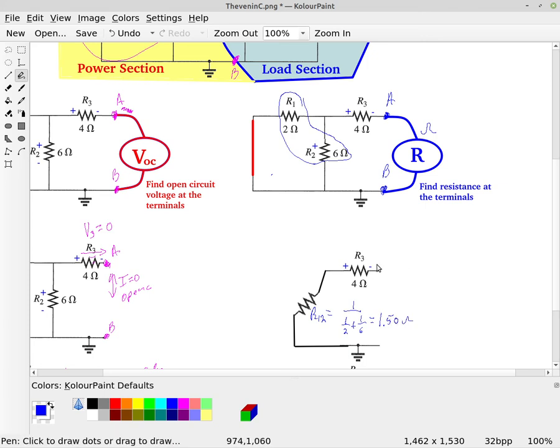Remember, we're looking at points A, B, which is right here. So we have the 4 ohm and then the 1.5 ohms, and the total resistance is the 4 plus the 1.5, which gives us our Thevenin resistance to be 5.5 ohms.